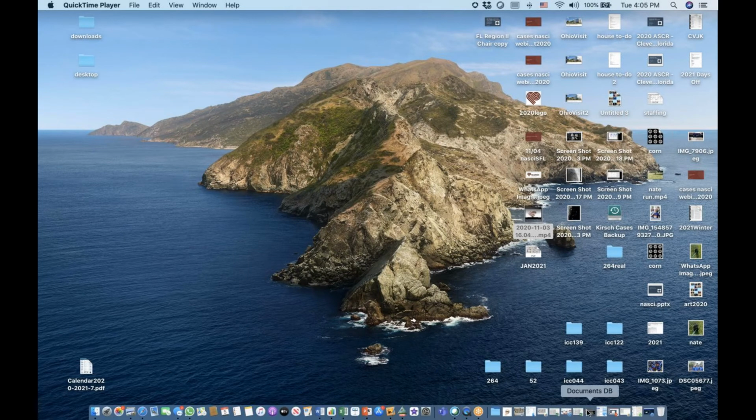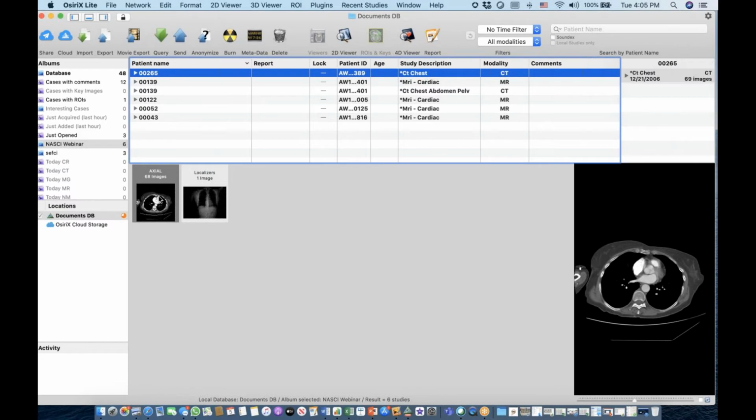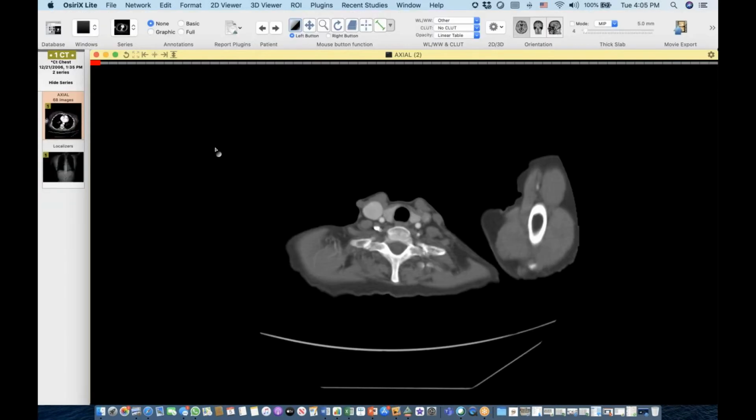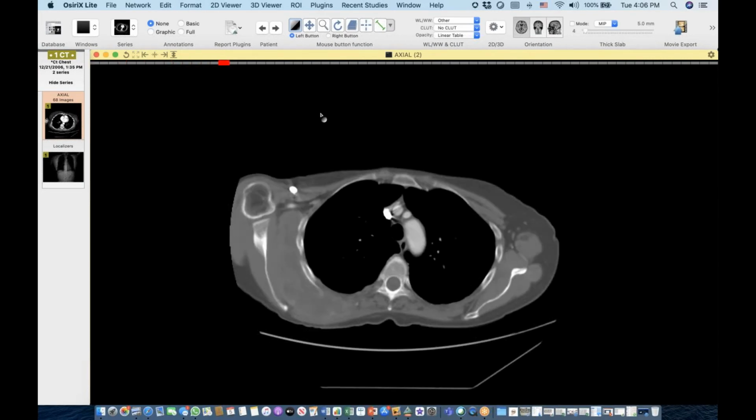Let's see. These are just a couple of cases here that I think are worth sharing. Let's start with this one. This is the CT of the chest.